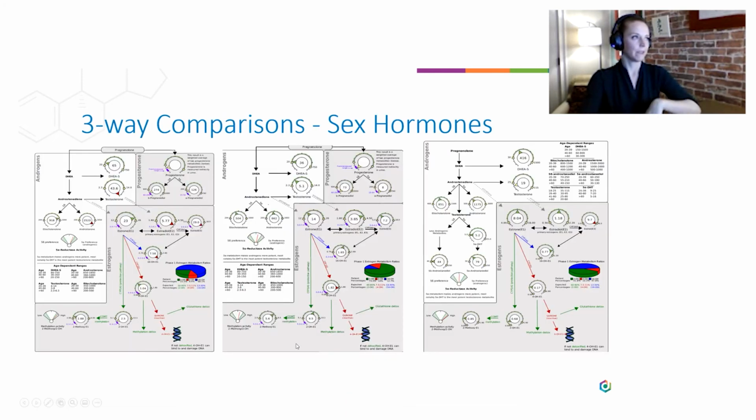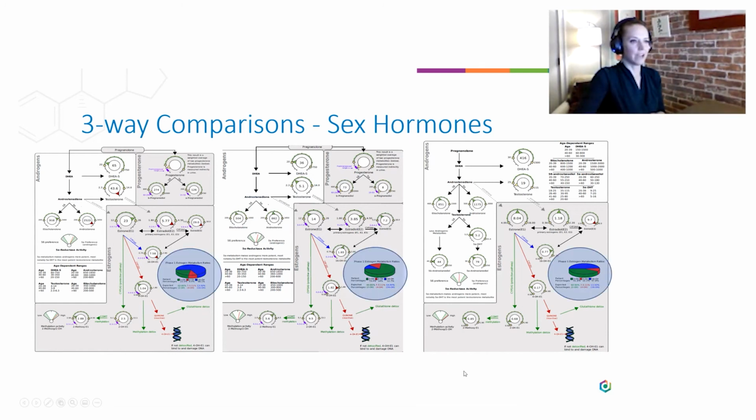All right. So here's our 3-way comparison. We've got our aberrant estrogen metabolisms. 2 of them are favoring the 3A4 pathway, which is upregulated by inflammation and obesity. And then our 1B1 activity is upregulated in our middle patient here. So definitely some aberrant estrogen metabolism happening.